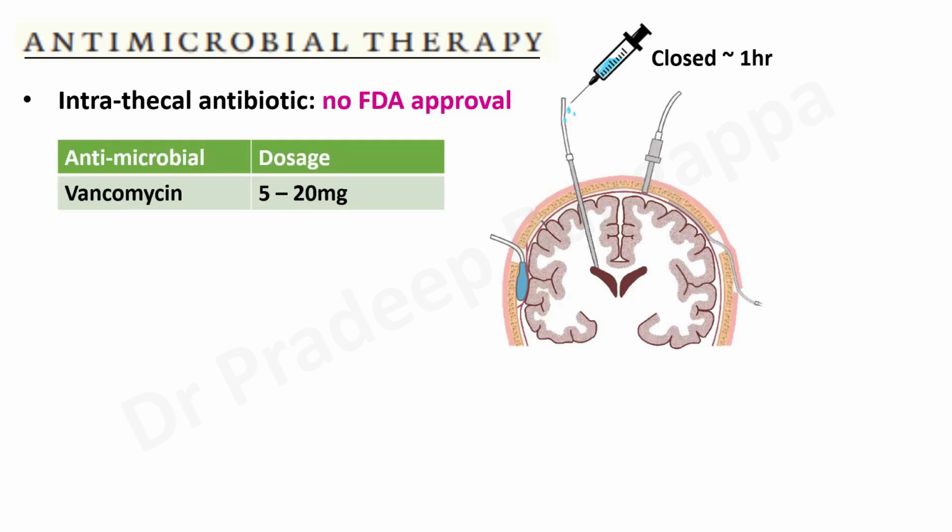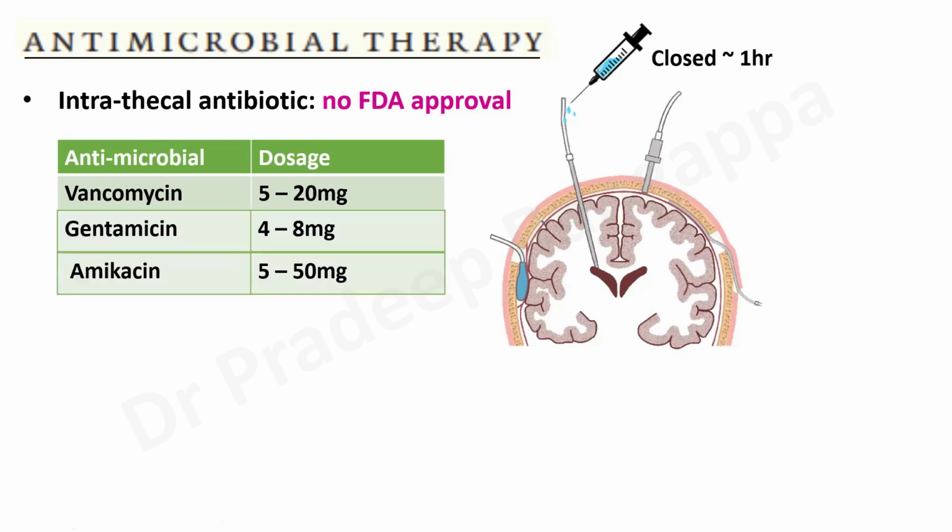So the different antibiotics that can be used intrathecally: vancomycin, the dose is 5 to 20 milligram. So this is something which intensivists can use as a ready reckoner. It's a smaller dose that we use for intrathecal. Gentamicin is 4 to 8 milligram. Amikacin is 5 to 50 milligram. Colistin is something that we have also used, and we have also published our study in the journal.